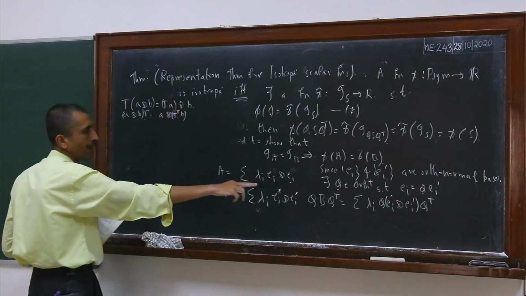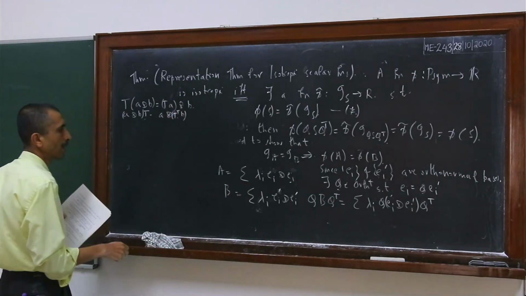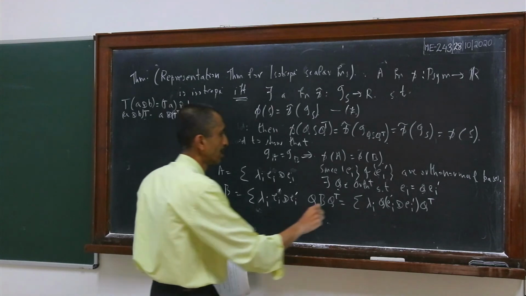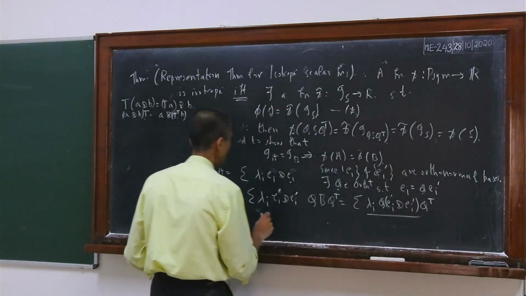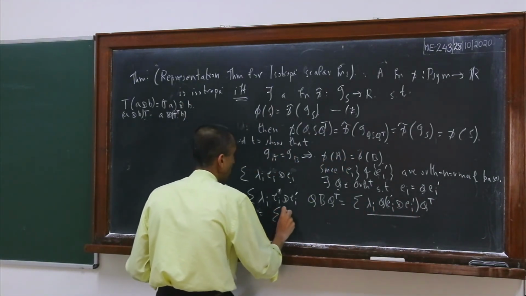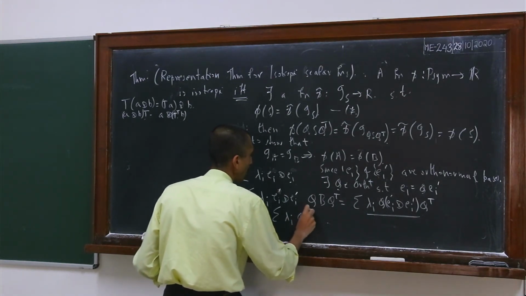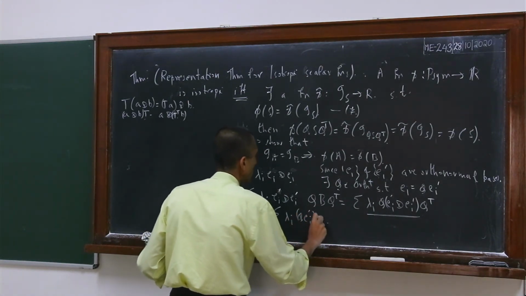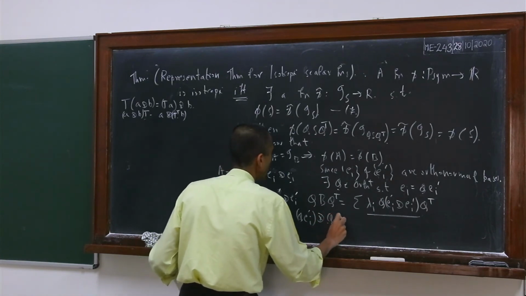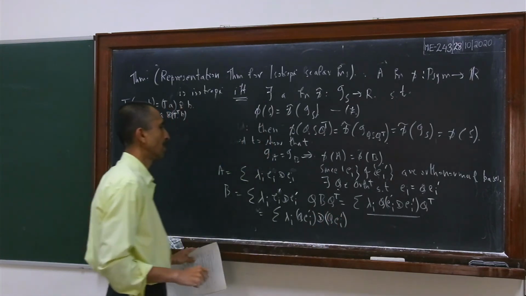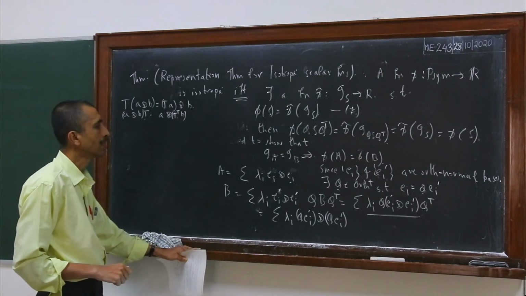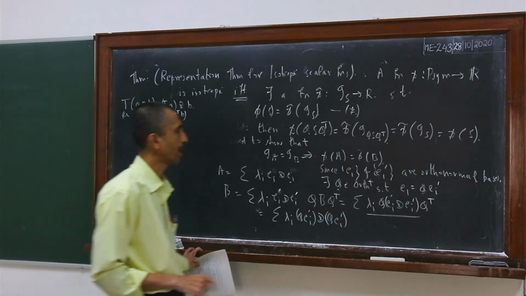If I apply that to this particular line here, this can be written as summation lambda I times Q times EI prime dyadic Q times EI prime. And we have seen that this Q times EI prime is EI.